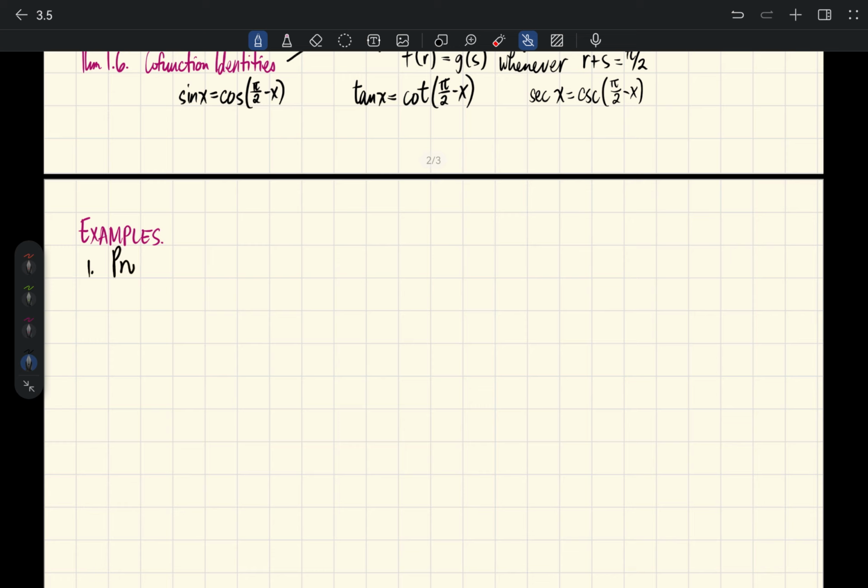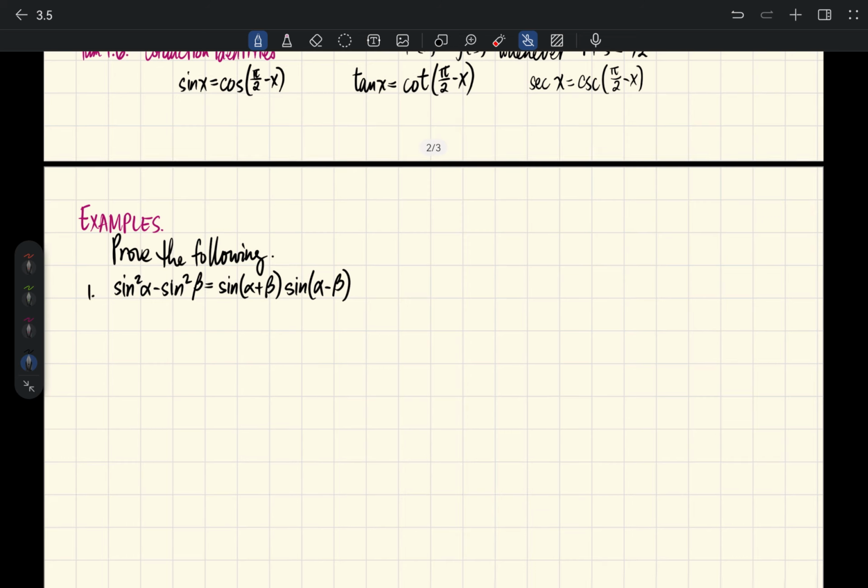First one, let's prove the following. Okay, number one, let's prove that sine squared of alpha minus sine squared of beta equals sine of alpha plus beta times sine of alpha minus beta.